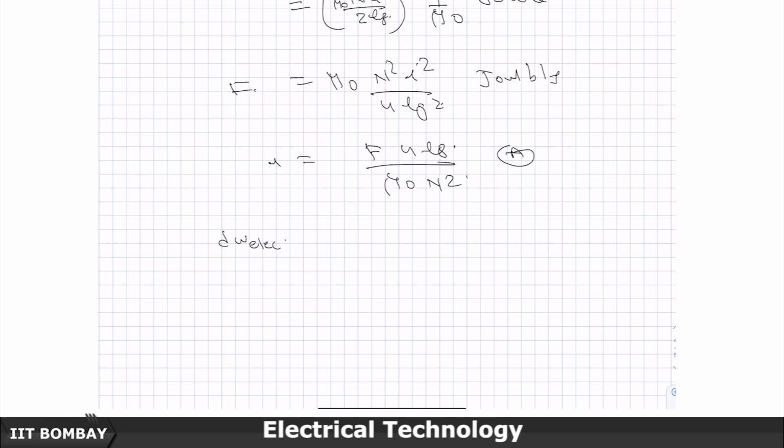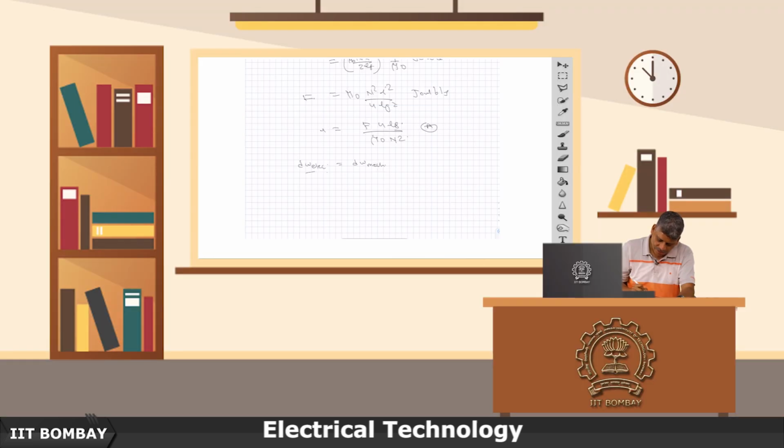I will continue with our rotating MMF discussion in the next class, but the learning is that d W electrical in general, the incremental electrical energy that I push into the machine, will get us an infinitesimally small amount of work done, d W mechanical, plus predominantly the change in the magnetic field energy in it.